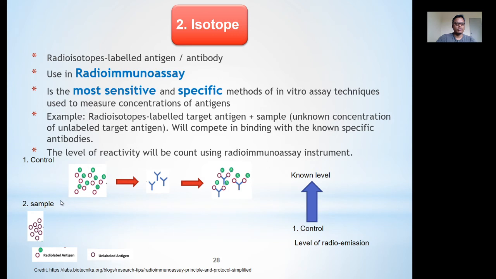So that means a positive sample, and we will mix it together with the antigen reagent that we have in the lab, the radio-labeled antigen that is already labeled with the radioisotope, and then they will go through the same process. They will compete with each other in binding with the antiserum.